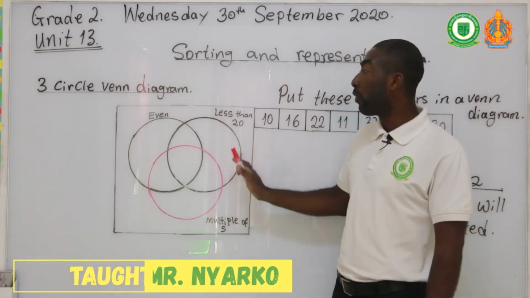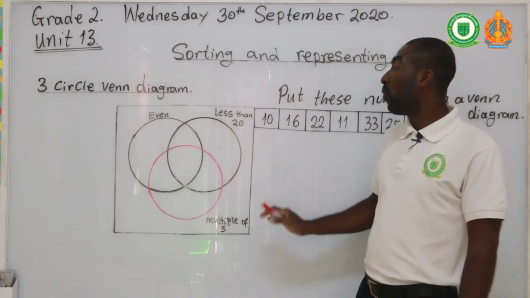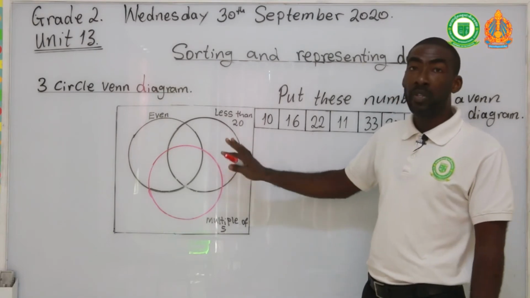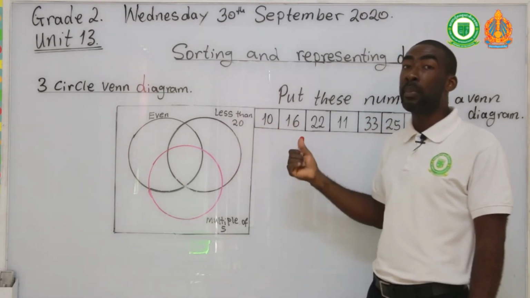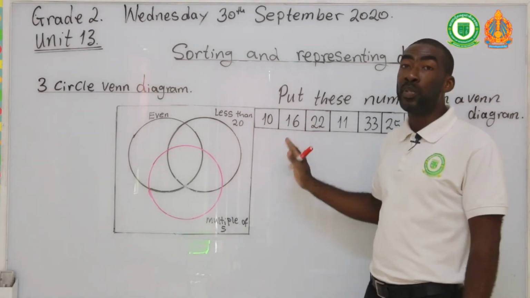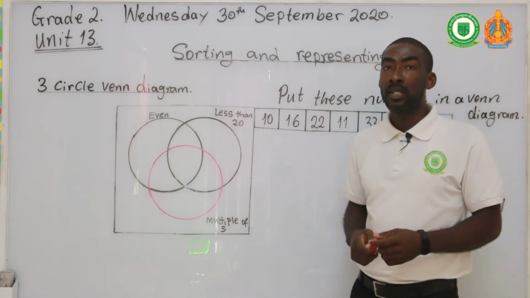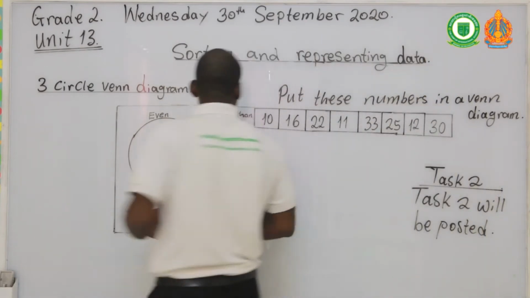So that number will represent all the 3 circles that we have. Once you have understood the structure of your 3-circled Venn diagram, now we can go straight ahead to our numbers and see how we can put our numbers into our 3-circled Venn diagram as sorting data or representing data.